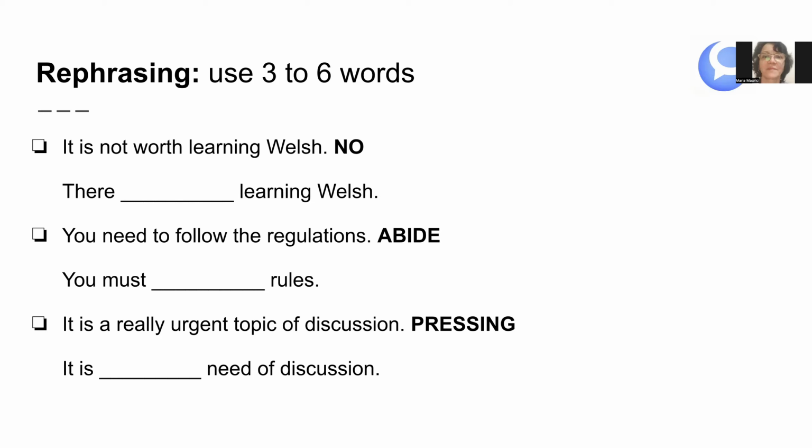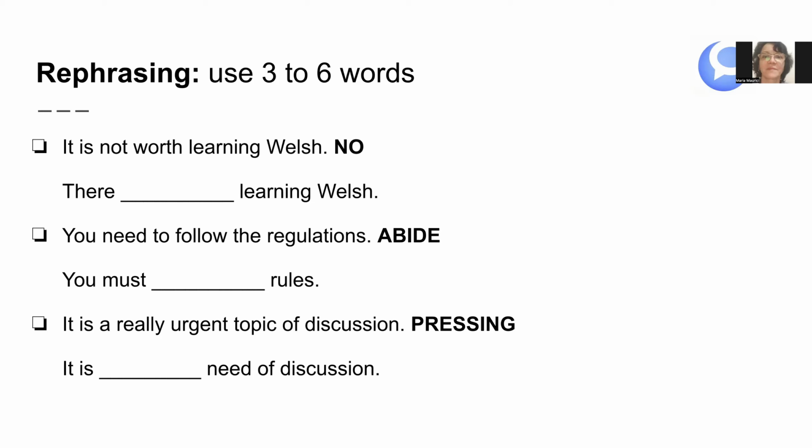Normally we use this expression in the singular: there is no point in. However, you do have a choice of preposition. There are 2 different prepositions that you can use here. But let's stay with there is no point in. We don't normally use it in the plural.